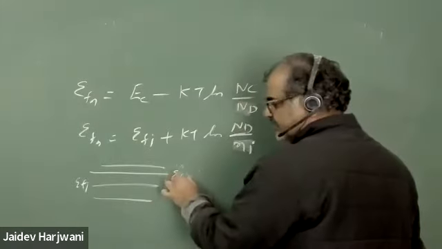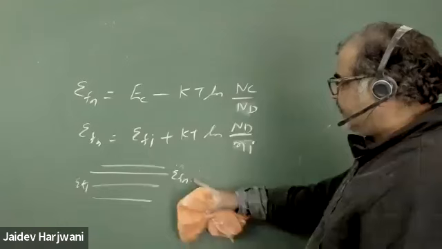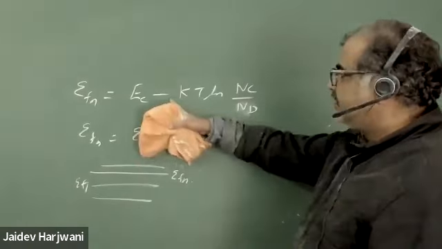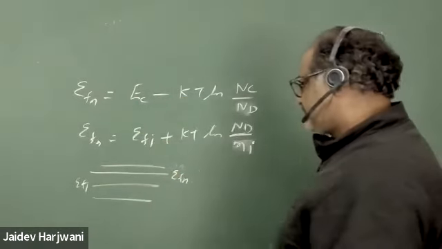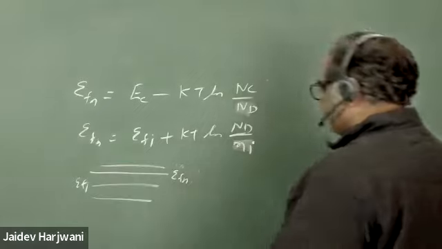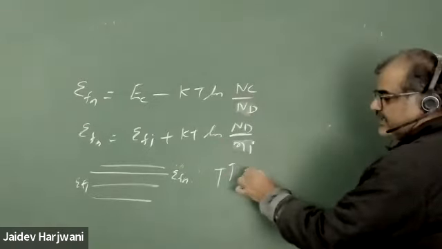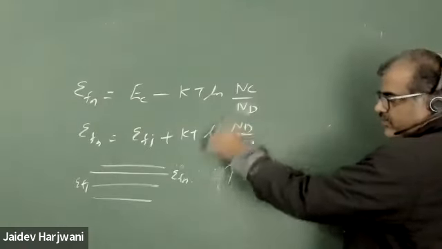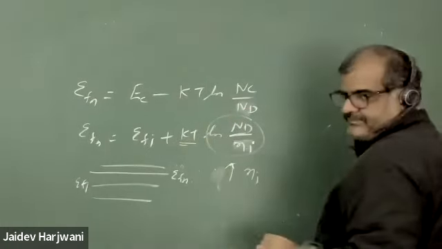They're asking what happens to this Fermi level when you increase the temperature; it should decrease. Let me check this one: EFn equals EFi plus kT ln Nd upon Ni. When you increase the temperature, Ni increases. Here, more than the temperature term, the log term is dominating.